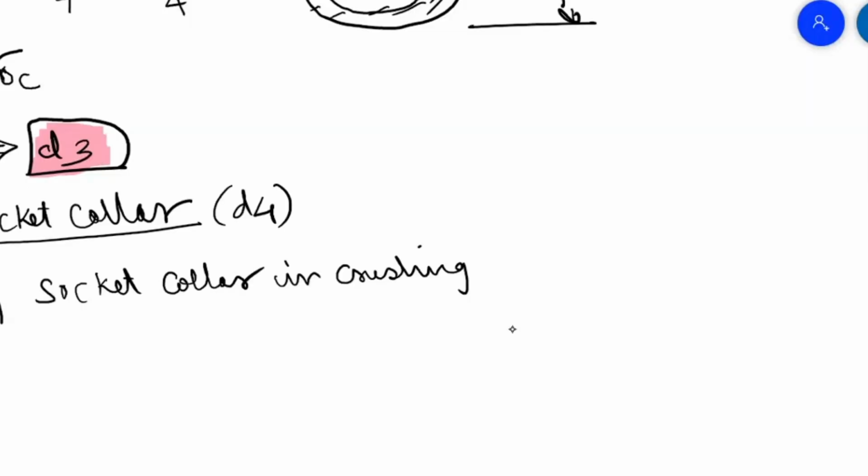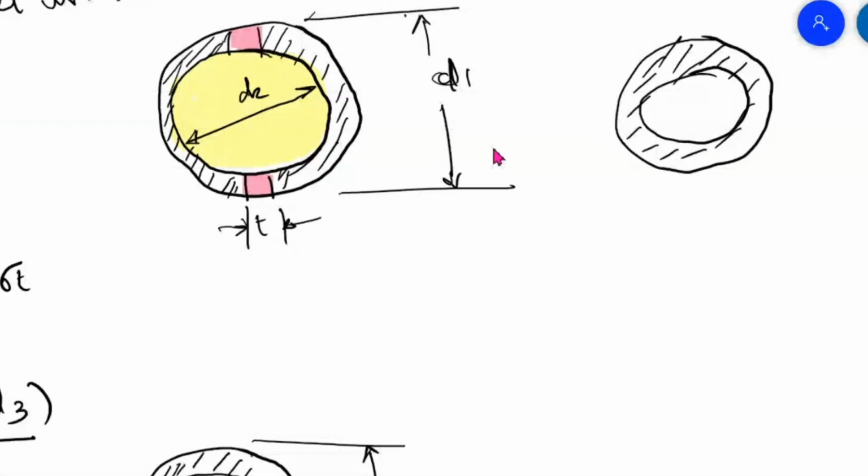Because of this, what happens here and at the bottom, at two places of the cotter, there is crushing. I will draw it here. Show it in this sketch.